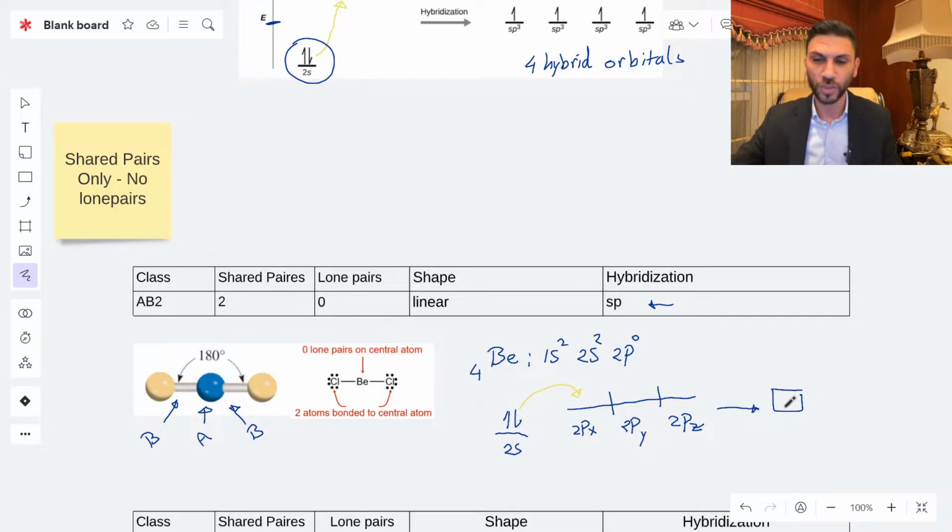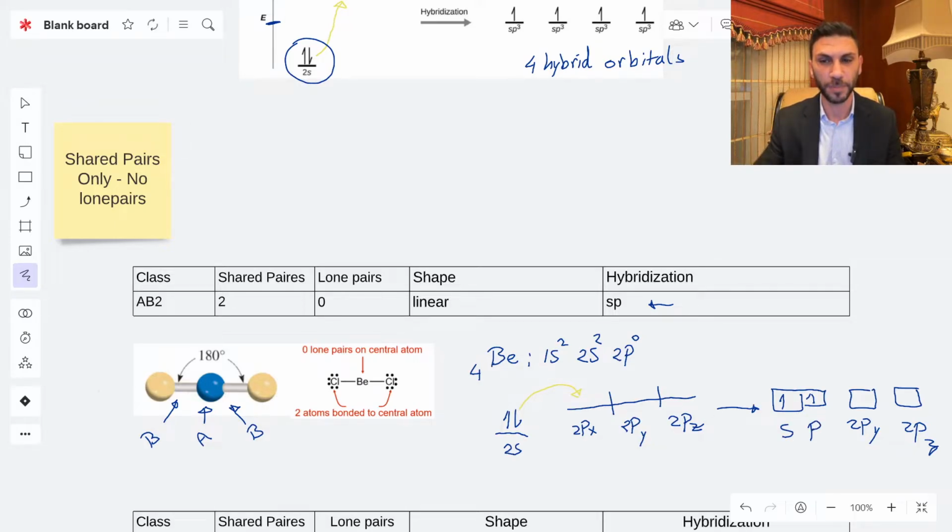We have 1 electron in S and in P, so it's going to be two hybrid orbitals with two single electrons, leaving 2py and 2pz as atomic orbitals, and they are empty. Now here the hybridization is only s and only one orbital from p, so it's going to be sp. As I told you, we will have a better idea in the next videos about the hybridization.